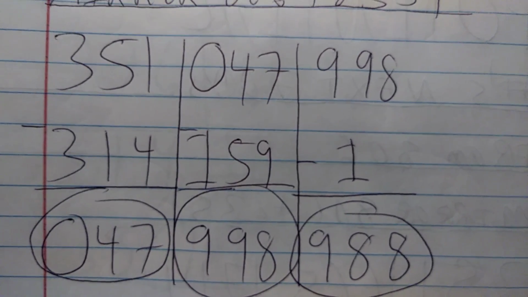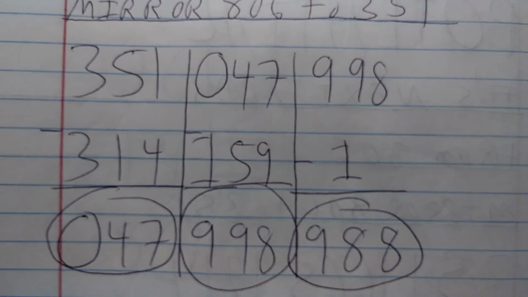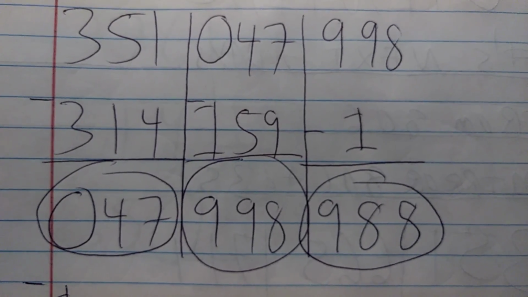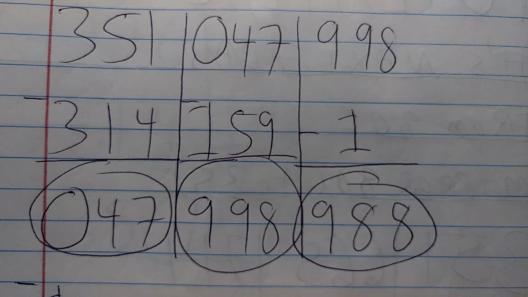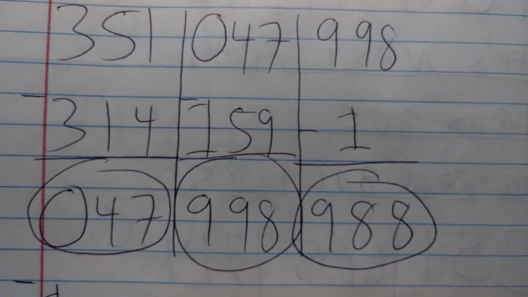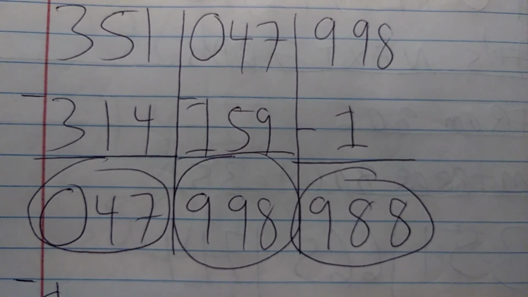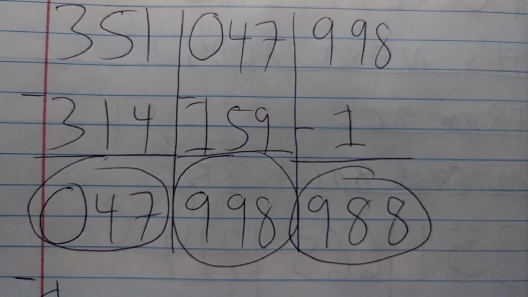Okay, so you're going to mirror that 806 to 351 still. 351 minus 314, so 3 minus 3 is 0. 5 minus 1 is 4, and then 11 minus 4 is 7. You're going to subtract off 159, so 10 minus 1 is 9. 14 minus 5 is 9, and then 17 minus 9 is 8.